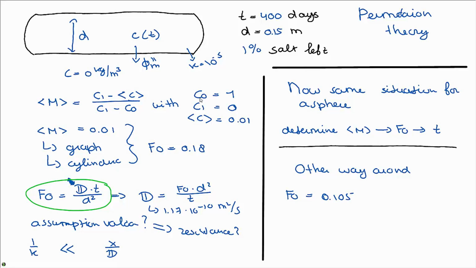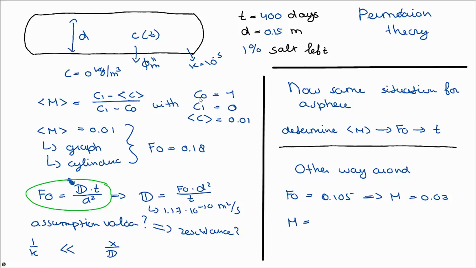We can look into the graph again, this time the other graph, since you're not looking at average concentrations, but at the maximum concentrations. And then we'll find M, which was 0.03. It can be that you have a slightly different number, since reading out graphs is not perfectly exact, but it should be around this value.